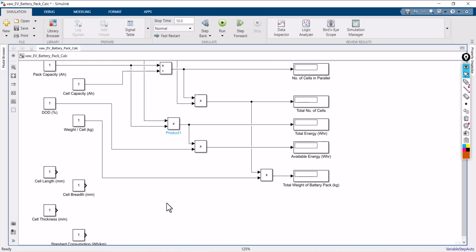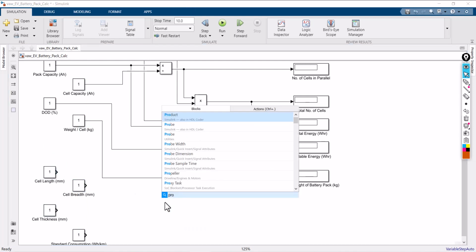So if you simply multiply these, I need a product.